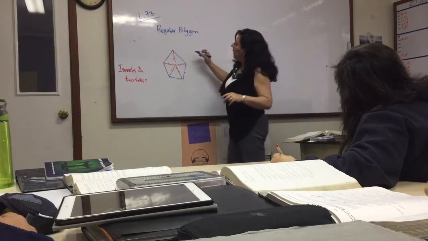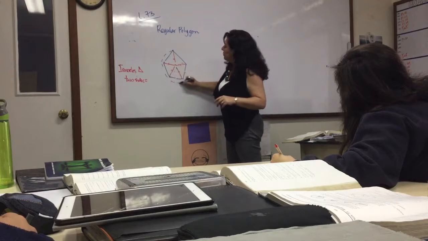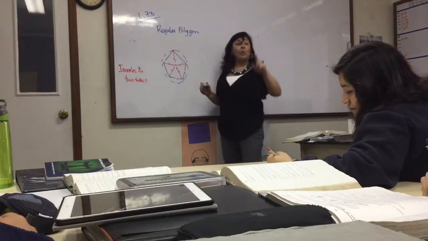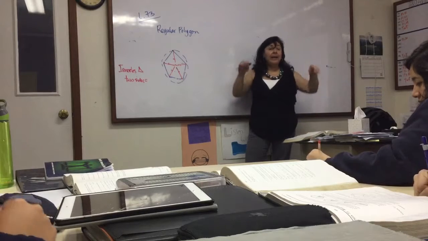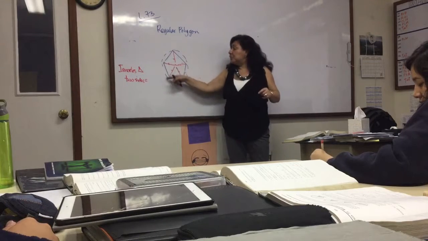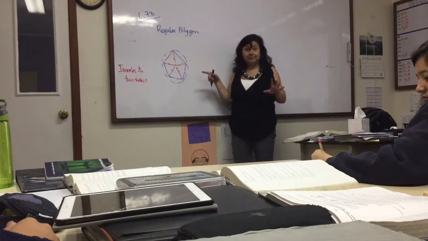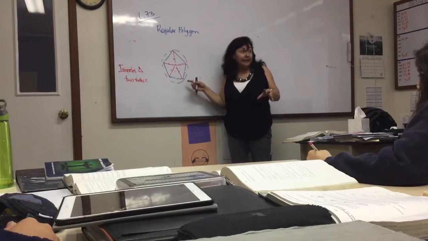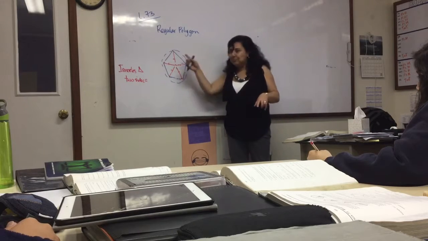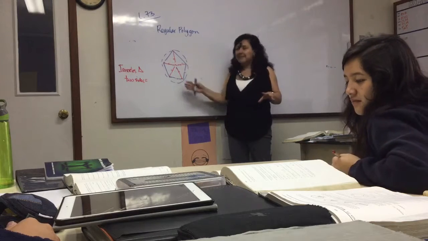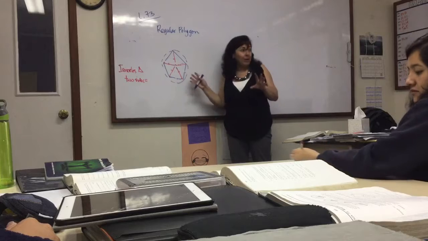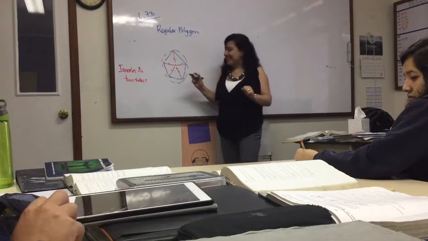When it's a regular polygon, all the vertices touch a circle. This one obviously is not regular because it doesn't touch the circle, but let's pretend it's a well-made circle and a well-made pentagon, okay?